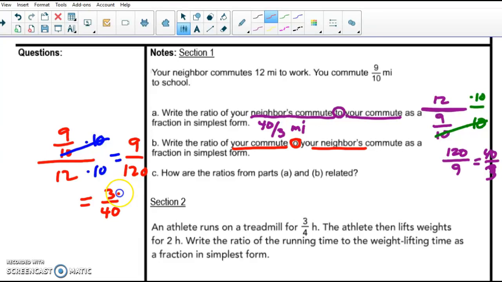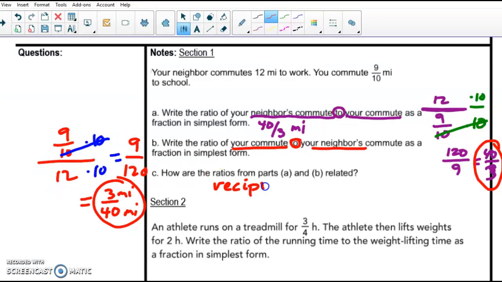So for every 3 miles I commute, my neighbor is going to be commuting 40.